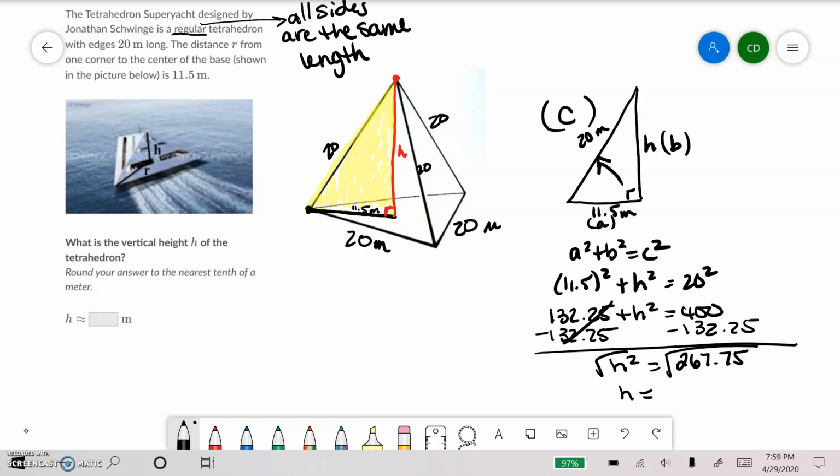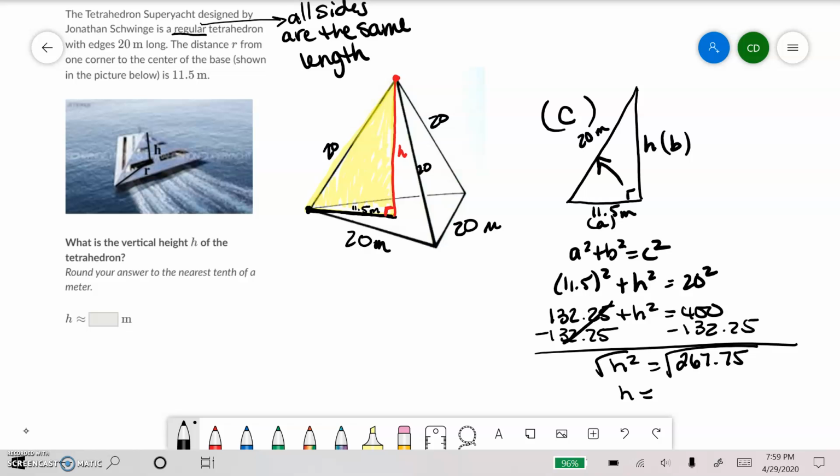Which means I actually have to go to the calculator. Oh, that's fine. And square root it. Okay. Now I know 16 squared is 256, and 17 squared is 289, I believe.